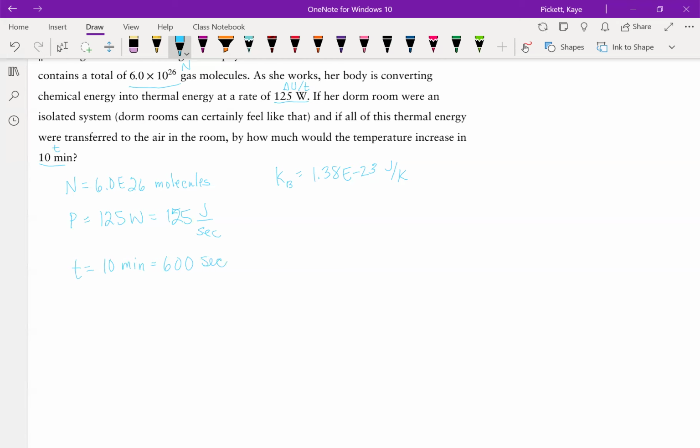So now it looks like I'm pretty good. So we can go to our equation sheet if we want.